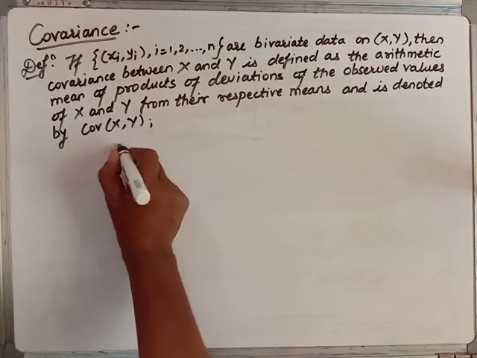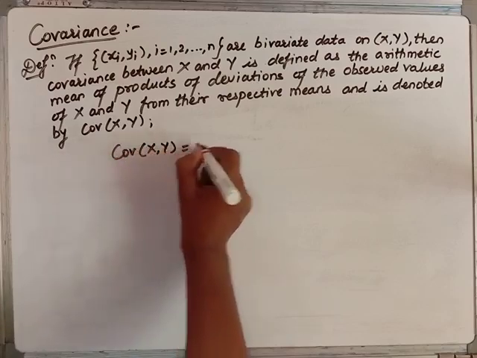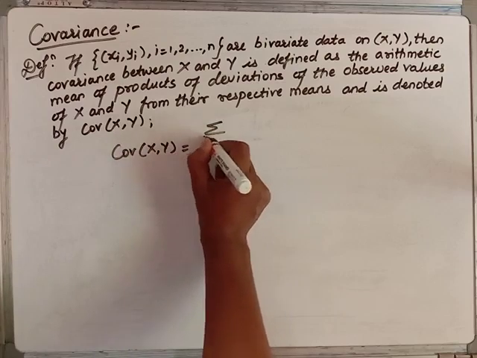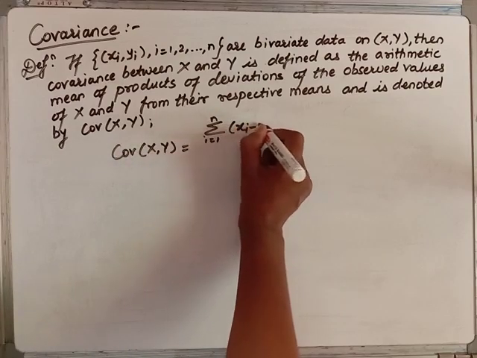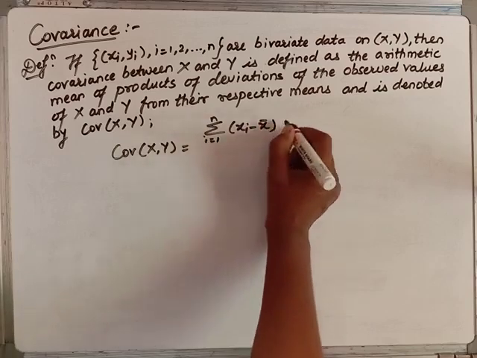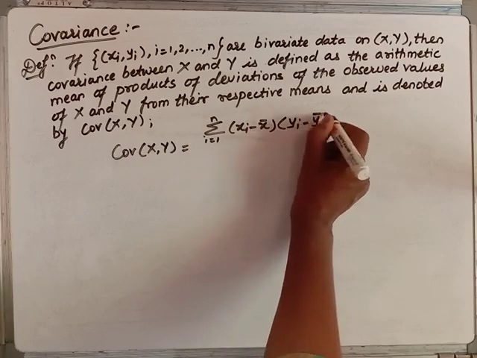What is it? Covariance between x and y is what? Summation i goes from 1 to n, product of deviations from their means, xi minus x bar, yi minus y bar.